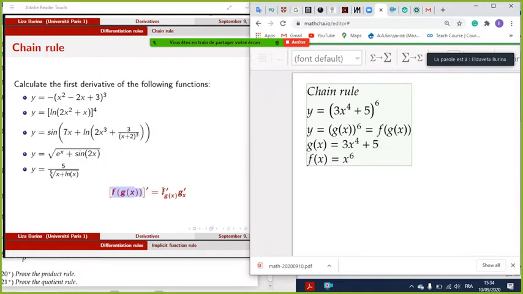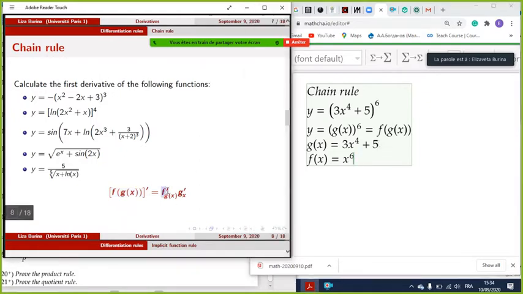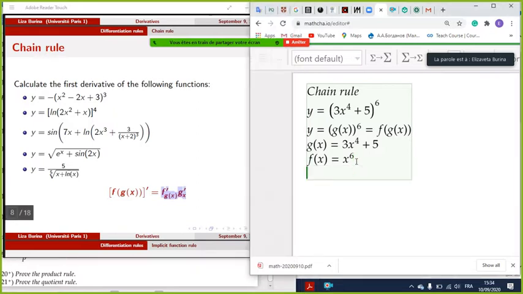The formula tells us first take a derivative of the outer function with respect to the inner function, and then take the derivative of the inner function. That's what we're gonna do. So y prime of x equals the derivative of the outer function, something that is raised to 6.